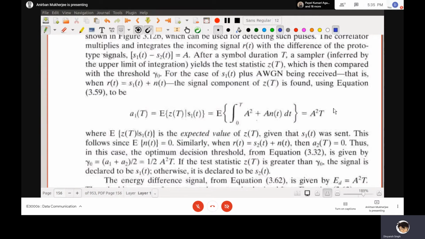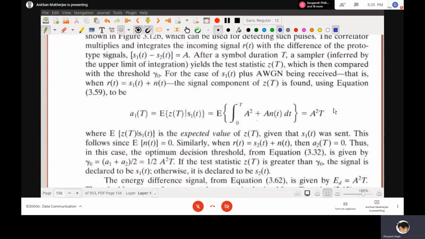Now if you do a little bit of calculation, you will find that when this is my A1 and this is my A2, and A1 and A2 are fixed, if I choose my gamma 0 at this point, then only this probability of error in decision making will be minimum.